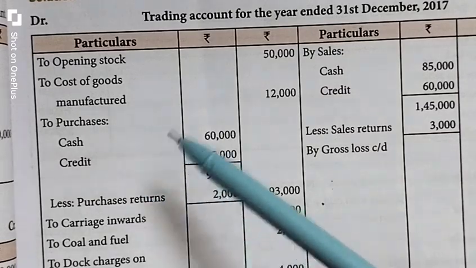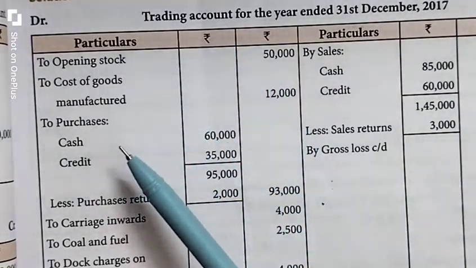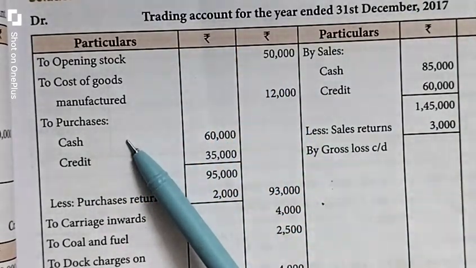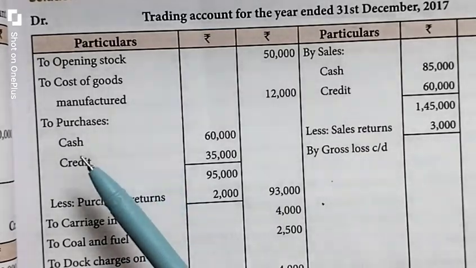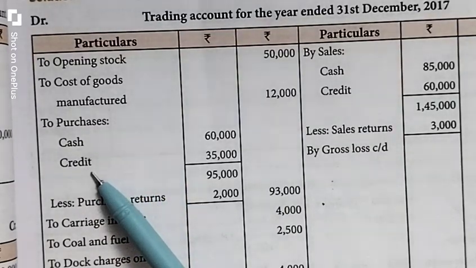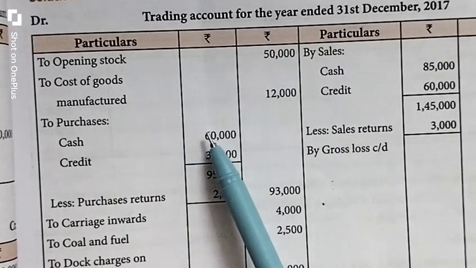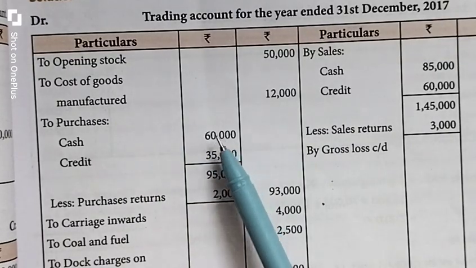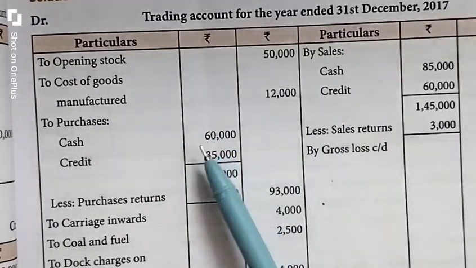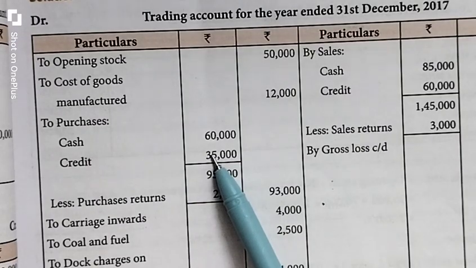Both amounts you should enter in the inner amount column, because we have to do some calculation and adjustment here.